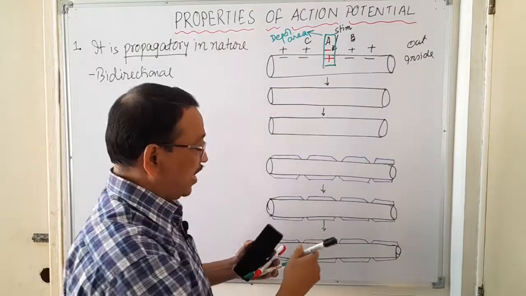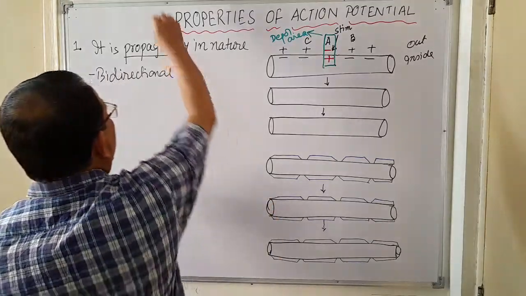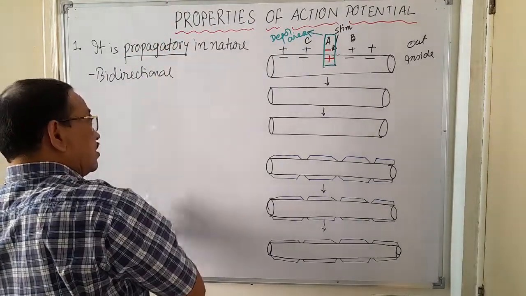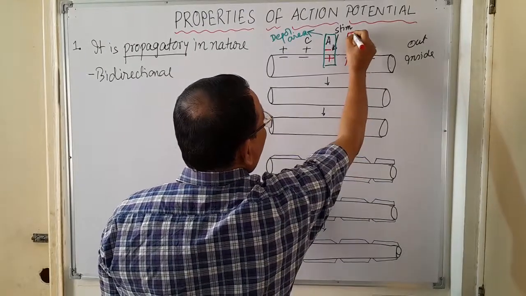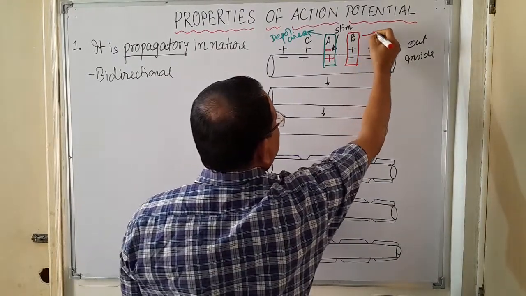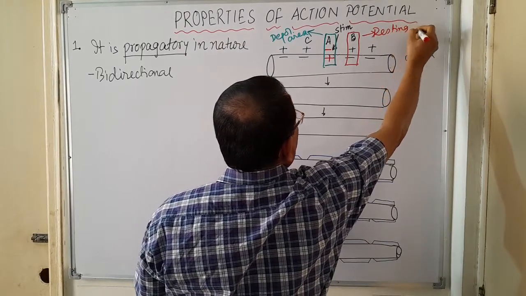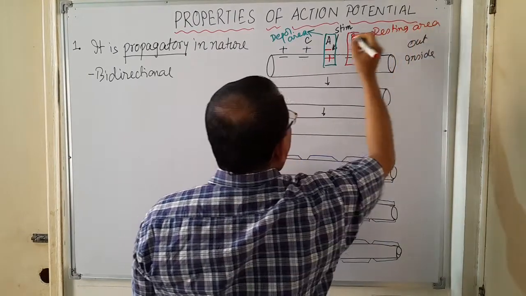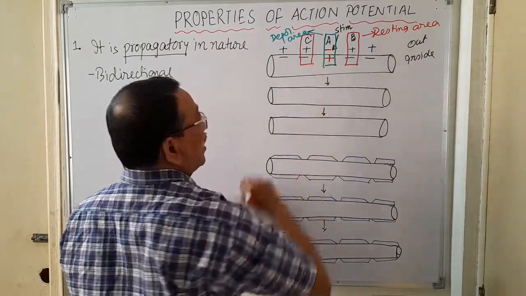So we can say these areas are known as the resting area. B and C both are resting areas.